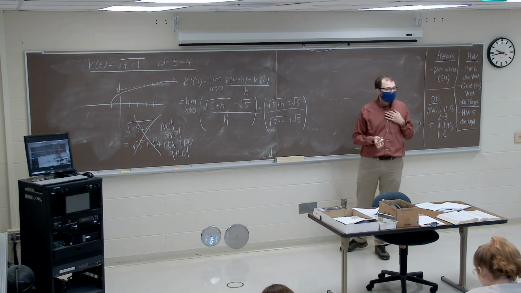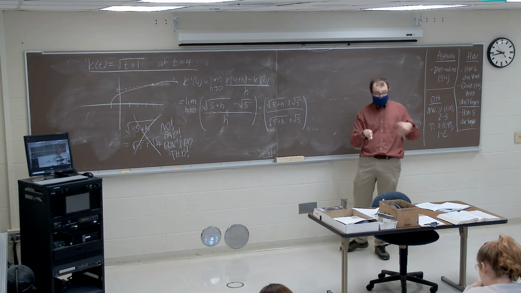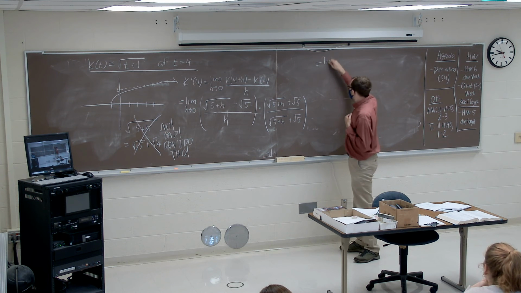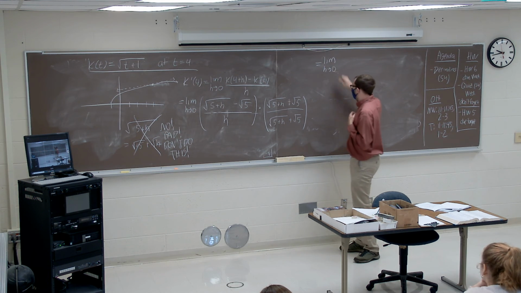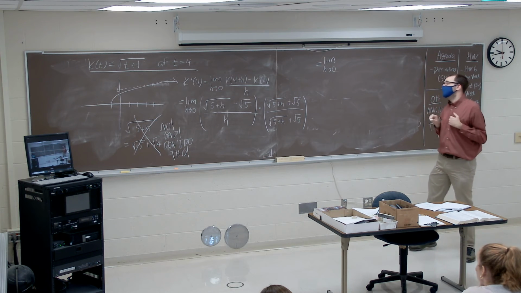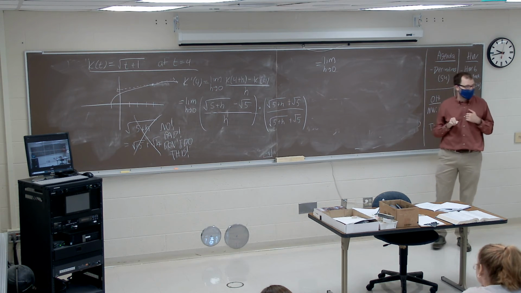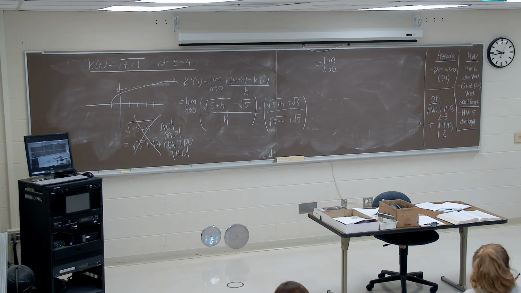Dr. Gerstle, why would you do such a thing to us? Bear with me for a second. When we multiply fractions, by the way, if I have two fractions, a over b multiplied by c over d, how do we multiply these fractions together?